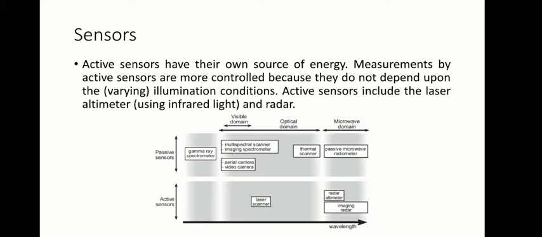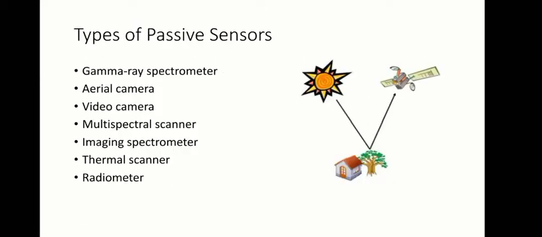Let's talk more about active and passive sensors. Once again, what is a passive sensor? Passive sensors, as I have already mentioned, do not have their own source of energy. These sensors receive electromagnetic energy, solar electromagnetic energy actually, reflected from the surface or energy emitted by the surface itself.